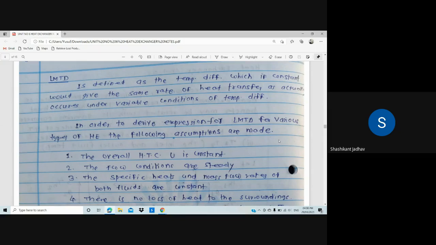Write down: the flow conditions are steady.